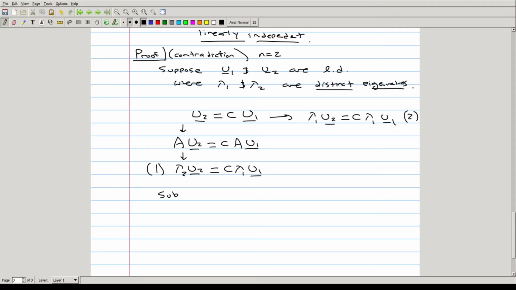And if I subtract equation 2 from equation 1, I get a cancellation. Specifically, I get that the right-hand sides of both equations cancel out, and I'm left with lambda 1 minus lambda 2 times u2 is equal to the zero vector.